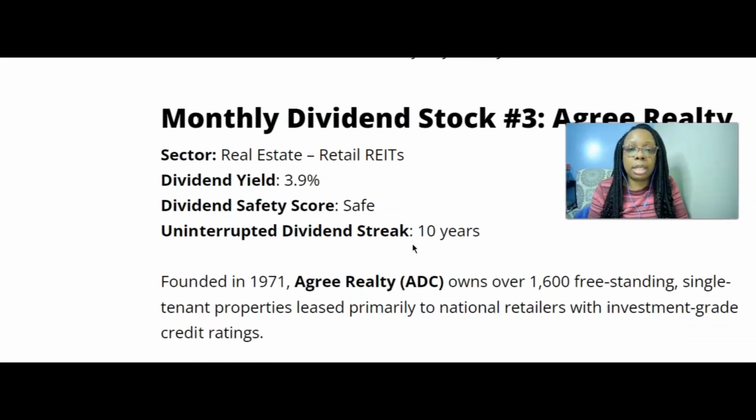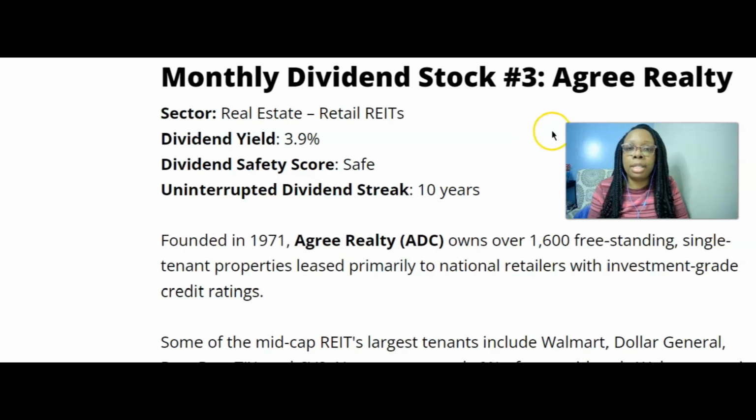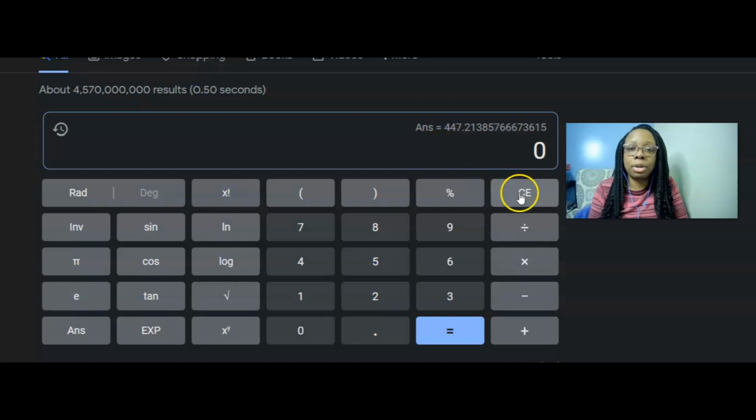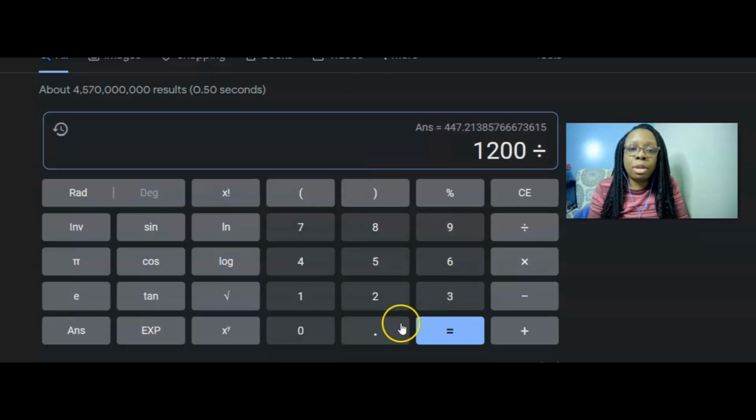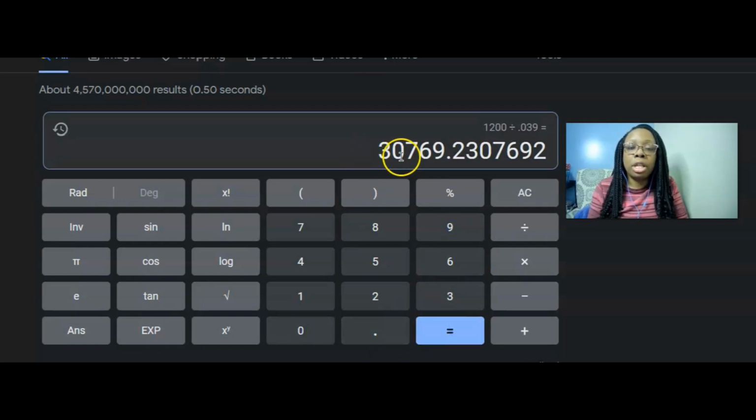Let's do one more. Okay, let's see. Agree Realty, okay, down here. So their current yield is 3.9. Back to the good old calculator. I'm just going to put $1,200 in, and we're going to divide by 0.039, $30,769.